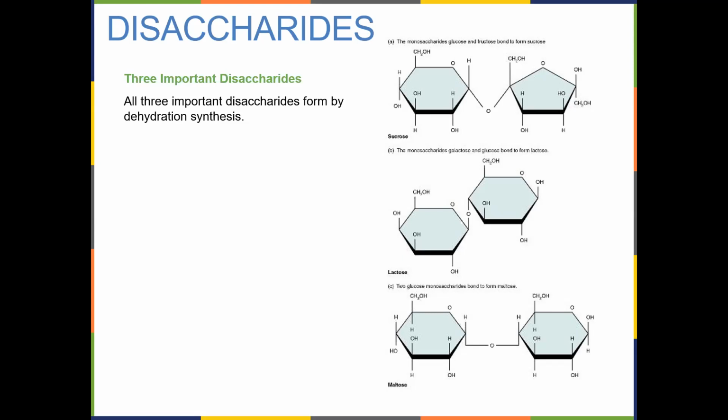Okay, so these are the three big disaccharides. Sucrose is the number one. You're gonna get packets of table sugar, sucrose, anywhere you go. Any place like Weigel's or Pilot, or where you're gonna get coffee or tea or whatever. Generally not gonna get packets of lactose or packets of maltose for your coffee.